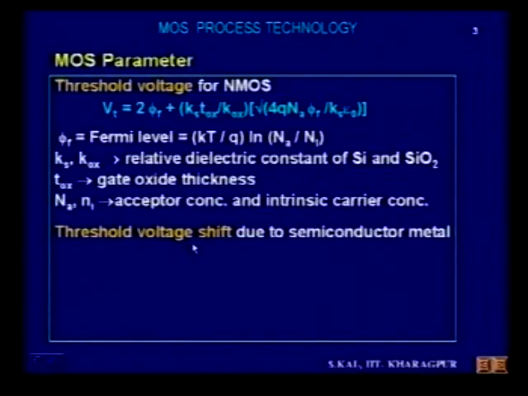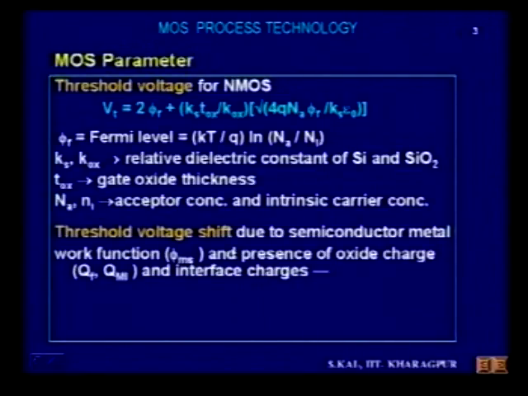Now, the threshold voltage shift due to the semiconductor-metal work function and the presence of oxide charge and interface charges is like this. Although the threshold voltage relation is given by this equation, it is shifted due to the presence of the oxide charges. That's why I mentioned earlier also, in case of MOSFET, the oxide should be free of trapped charges or interface charges.